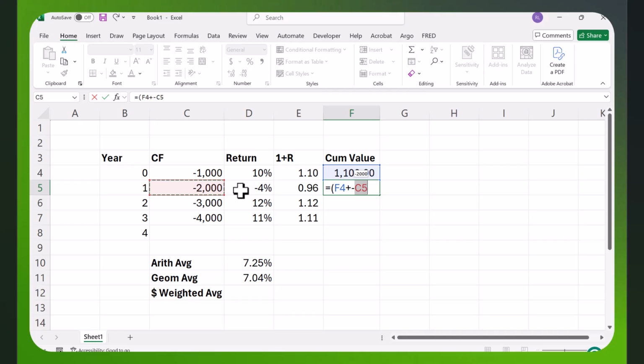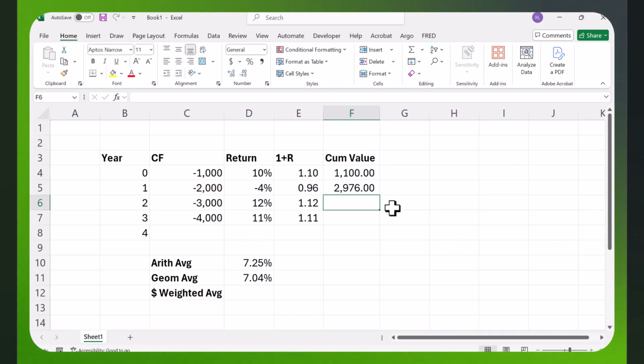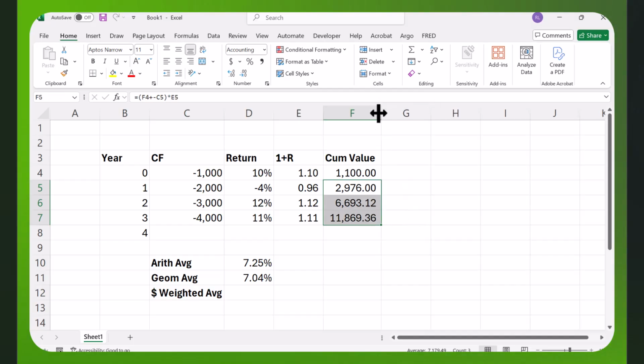So you're adding 2,000 to the 1,100 you have, and you're multiplying it by this value here. I think we should be able to copy that down, hopefully. Expand the decimal places. And so at the end, in year 4, we have $11,869.36. So let's put this in here.